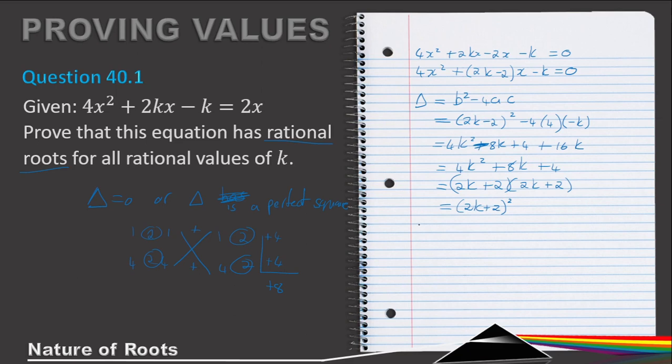So we can say, therefore, discriminant is a perfect square, and therefore roots are rational for all rational values of k. Right, done.